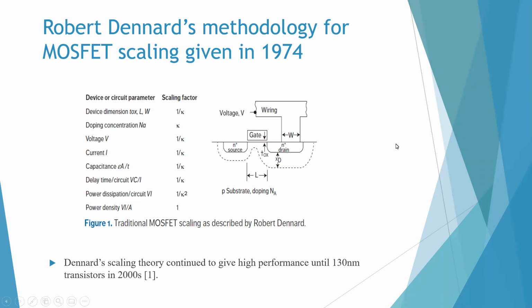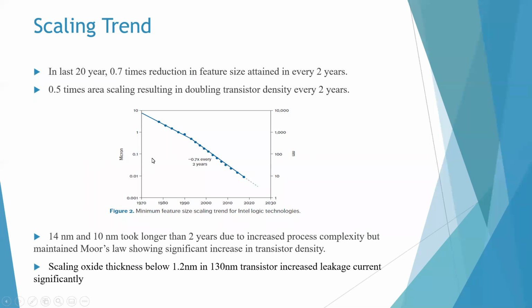Basically, over the last 20 years, the minimum feature size decrease per every 2 years of the transistor is 0.7 times, which we can see from this graph, and that resulted in 0.5 times area scaling and thus maintaining doubling transistor density every 2 years.